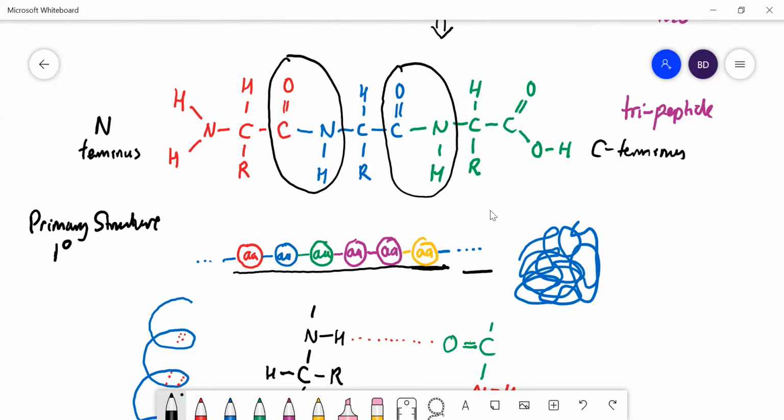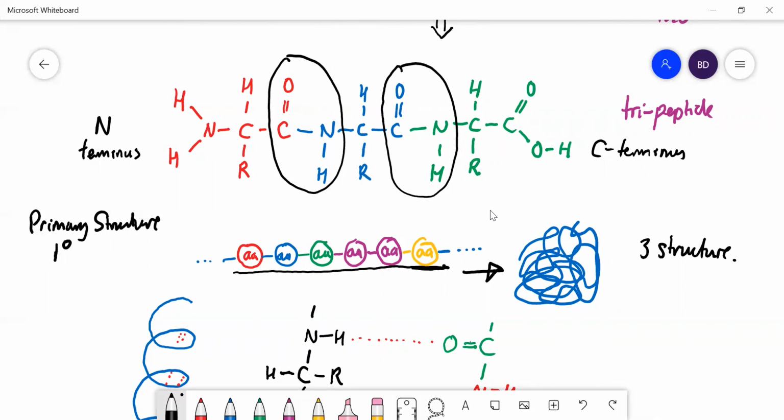So it folds immediately into a three-dimensional structure, and the three-dimensional structure is what gives the protein its function. So if it's an enzyme, you've probably heard of the lock and key hypothesis, where the substrate has to fit into a little pocket in the surface of the enzyme. Or if you had hemoglobin, it's got a little pocket for oxygen to fit in there.